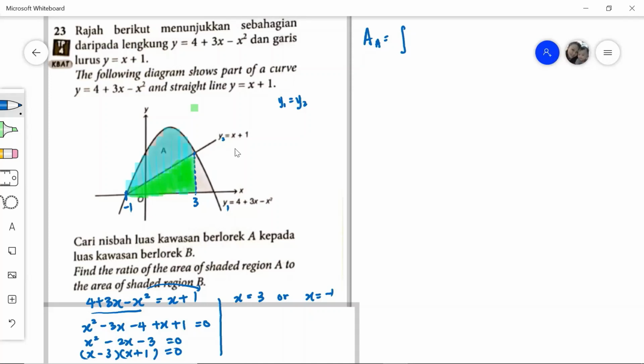Not forgetting this as well, we need to find the root for the curve. So from y1, if y1 equals 0, then 4 plus 3x minus x squared equals 0. So x squared minus 3x minus 4 equals 0.